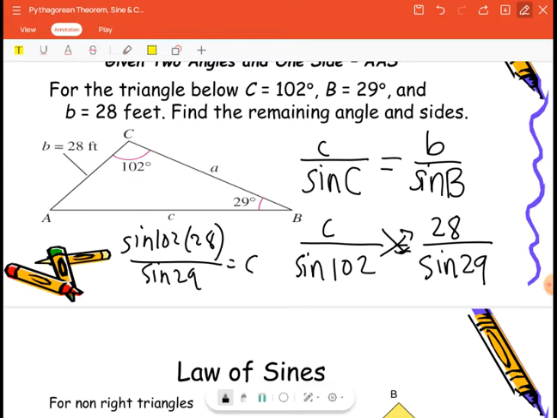So, kuha kayo ng calculator, sine of 102 times 28 all over sine of 29, and it will give you the answer na yung C value natin ay 56.49, yung side C. Okay?